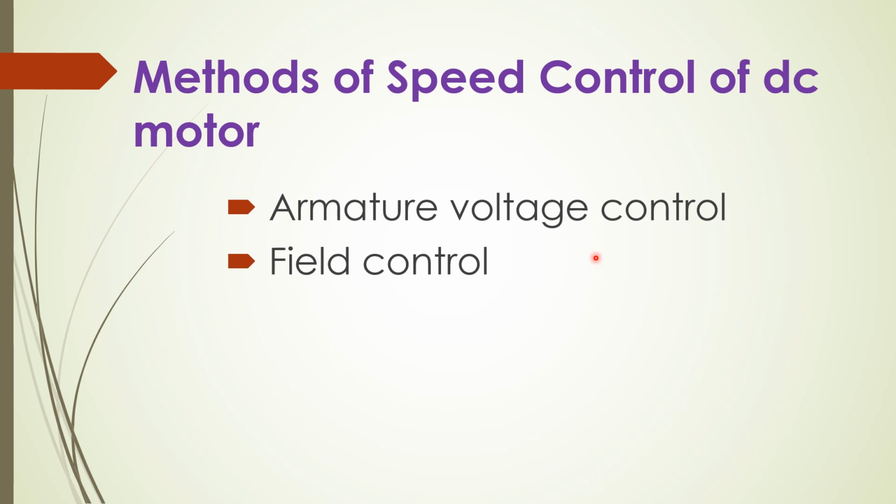And in armature control method, we have a motor here and a shunt field winding here. Assuming this is my armature and this is my field winding.